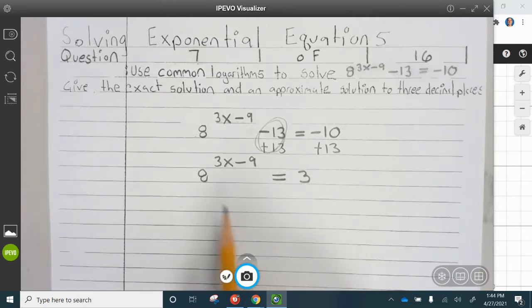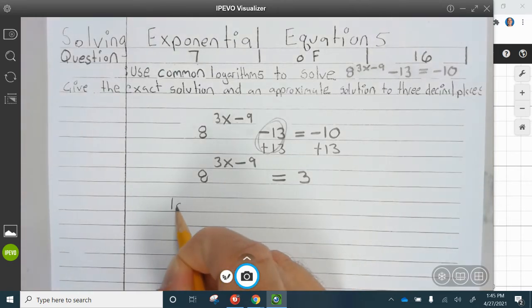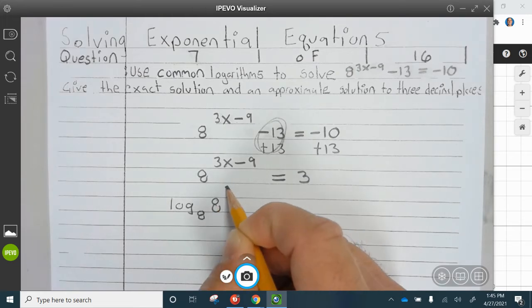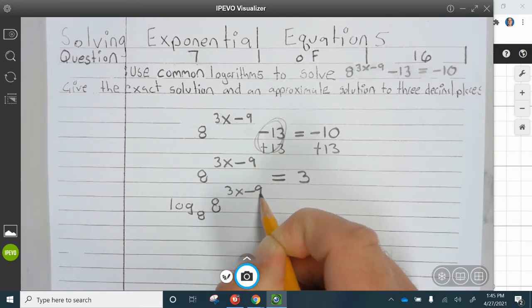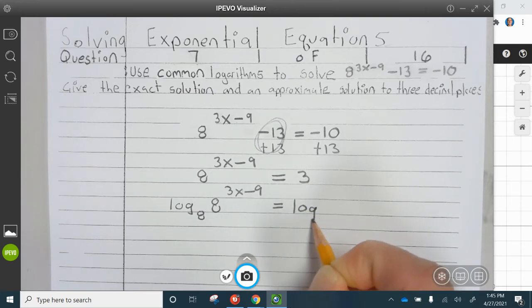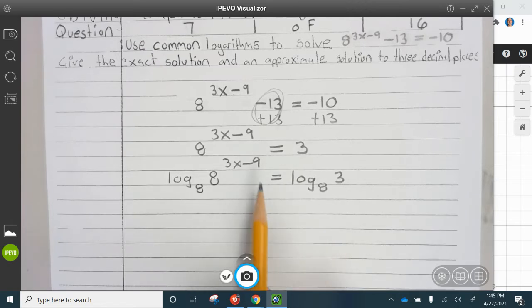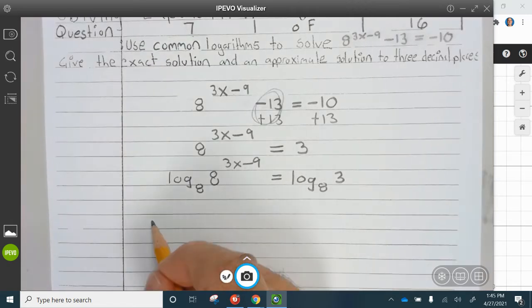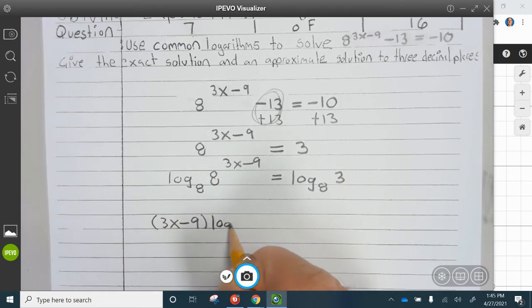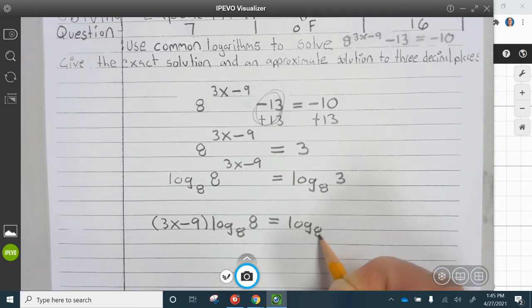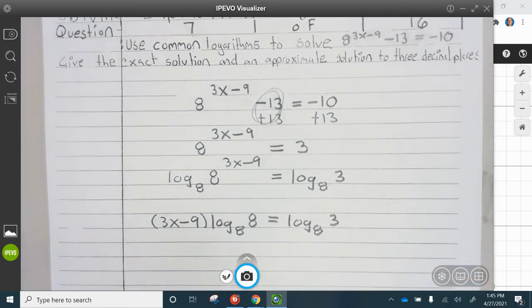Okay. Now we need to take log base 8 of both sides. And now use the power rule, so this comes to the front. So then that's 3x minus 9 times log base 8 of 8 equals log base 8 of 3.